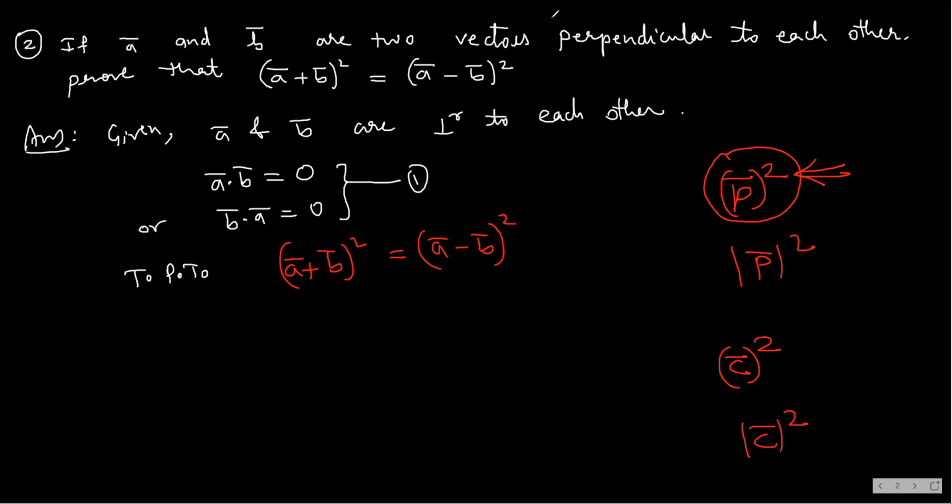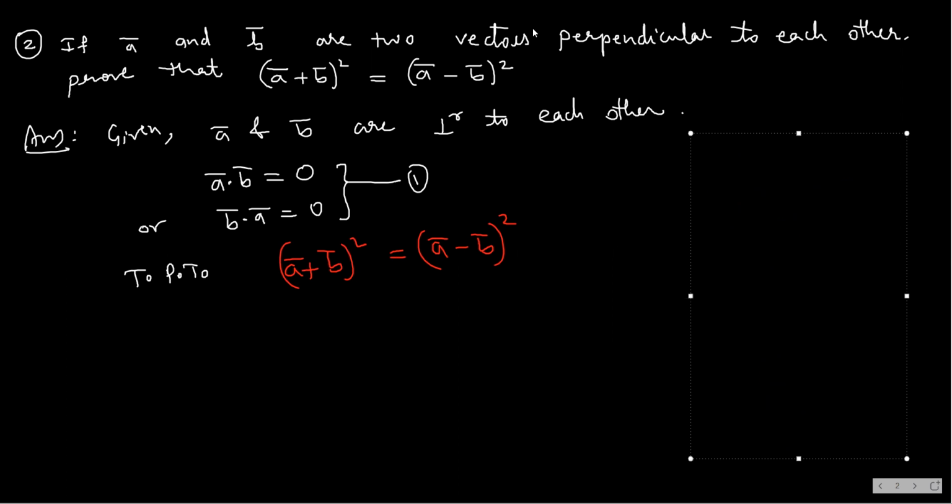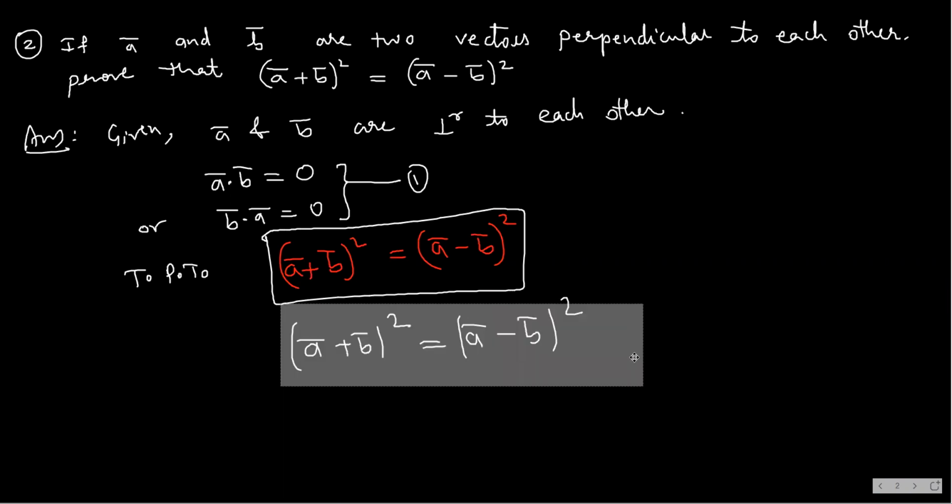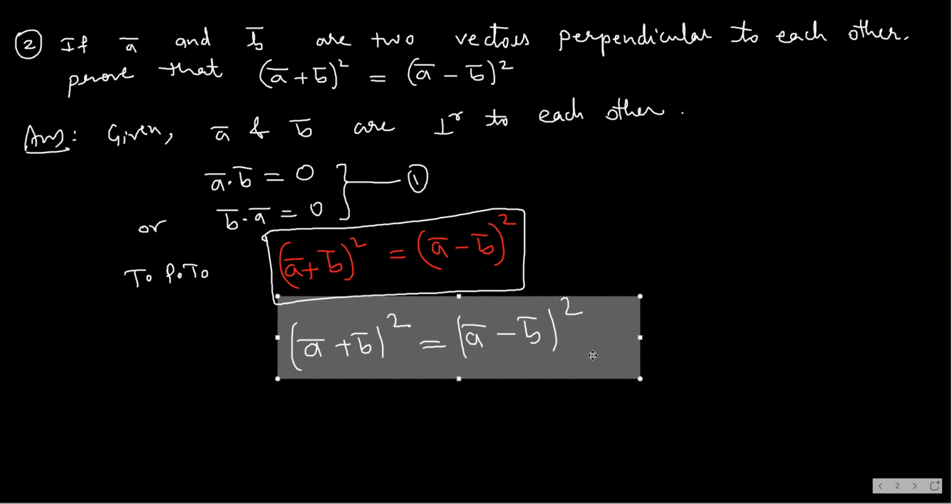Many a times they might give you the mod. If they wanted, in the question they could have given a bar plus b bar mod square, a bar minus b bar mod square. If they had given it this way, it would have been a much better way of giving the question.